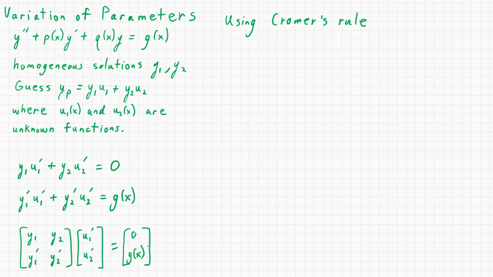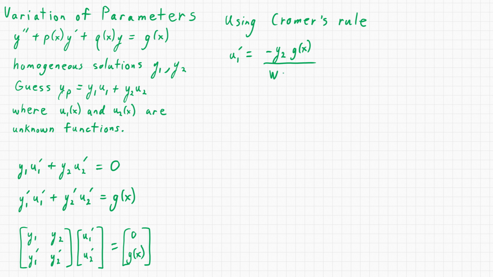The solution to this linear algebra problem is actually equal to, let's see here, u1 prime equals negative y2 times g of x over, it's the determinant of this matrix here, but the determinant of this matrix is also the Wronskian.